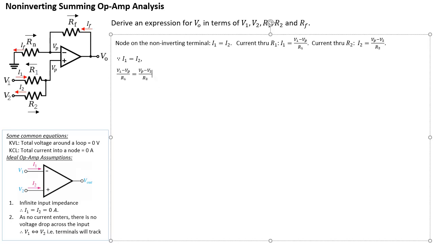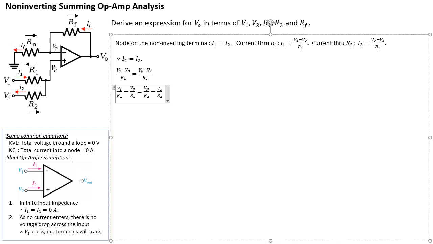First I'm going to split this up into its own fractions. That's V1 divided by R1, minus VP divided by R1, so I'm just expanding the term, equals VP over R2 minus V2 over R2.